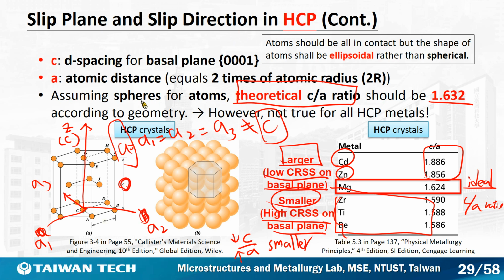And here, this value is the ideal C over A ratio, which we calculate by assuming spheres for atoms. But sometimes the atom will be elliptical rather than spherical. So the C over A ratio will be larger or smaller than 1.632.